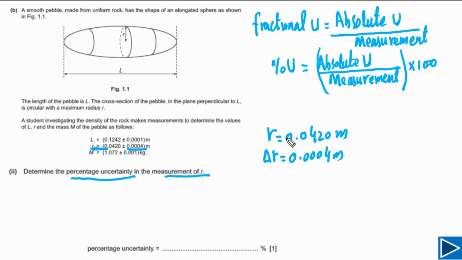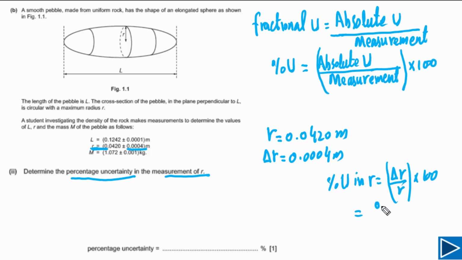Now let's try to calculate percentage uncertainty in R. So we can write down here percentage uncertainty in R. Simply this will be equal to delta R divided by R, and we have to multiply this with 100. Now we can simply plug in values.